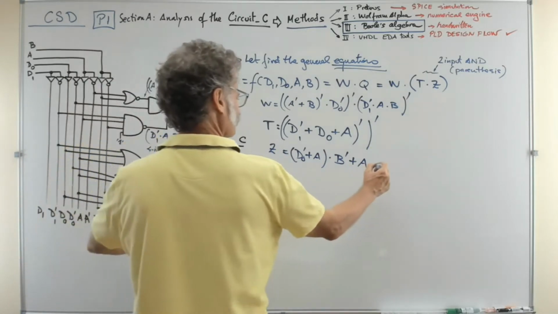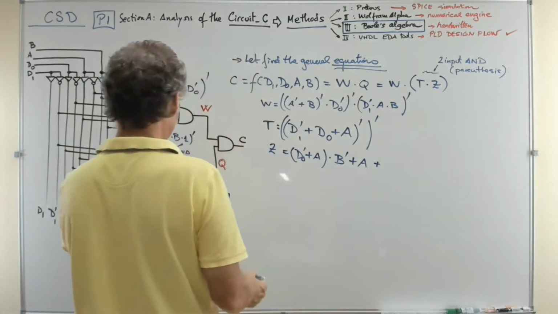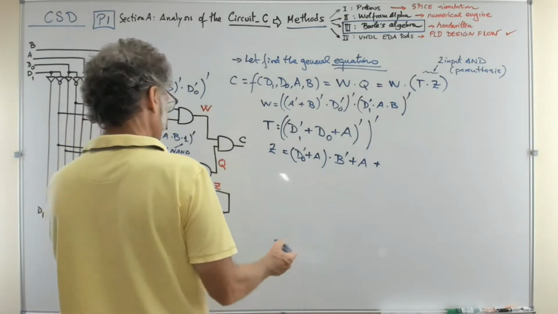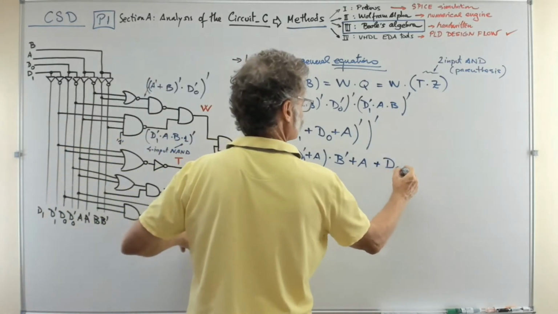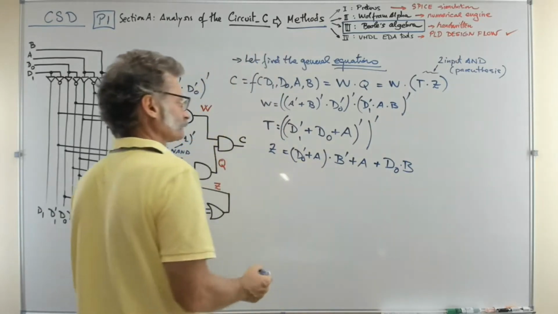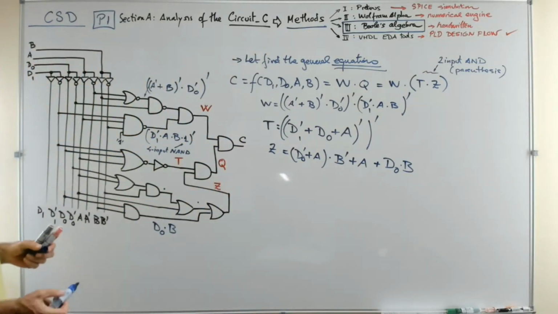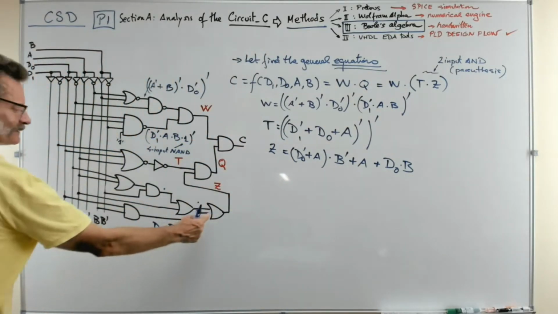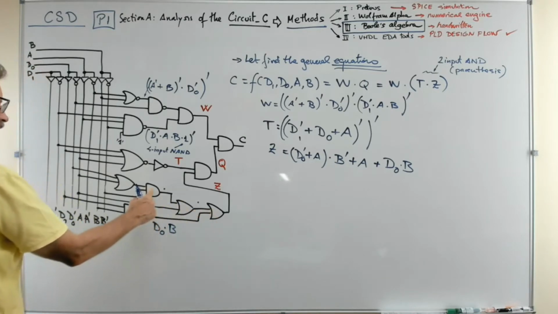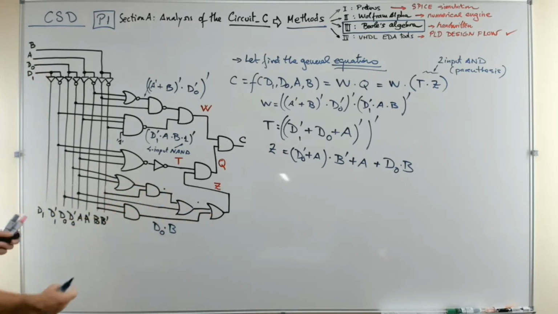So you have an OR with this term, D0 B. So that is the term that you've got here as Z. This is a 3-input OR, this is an AND, that's the way it is.